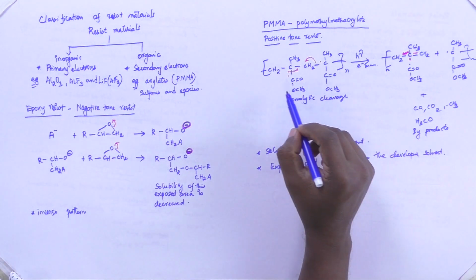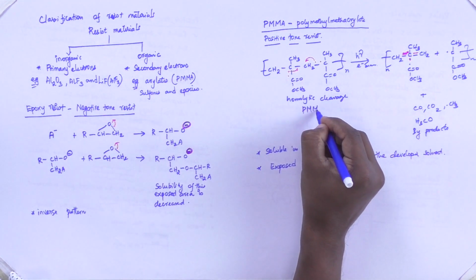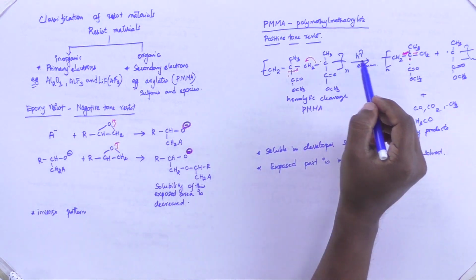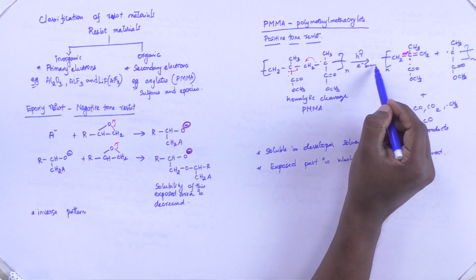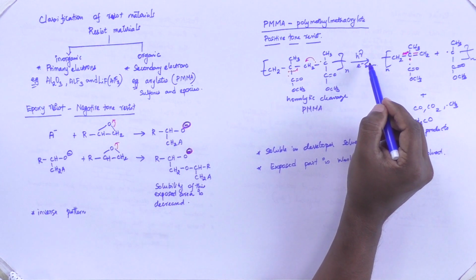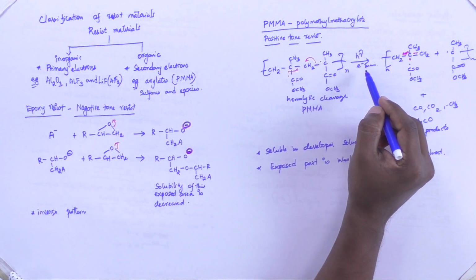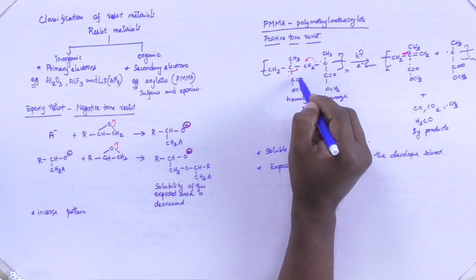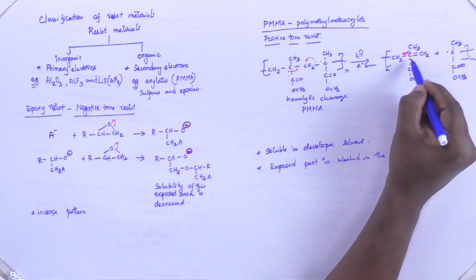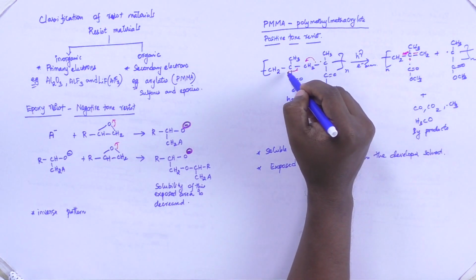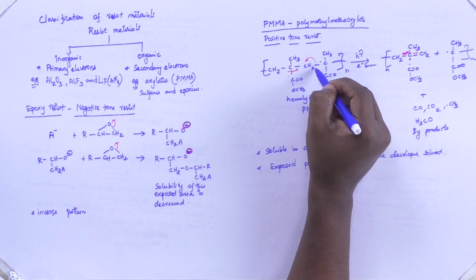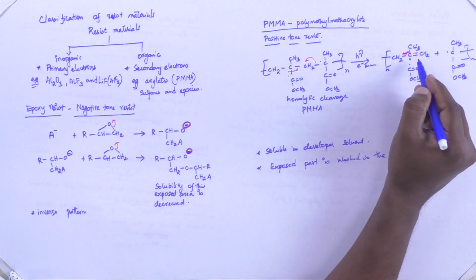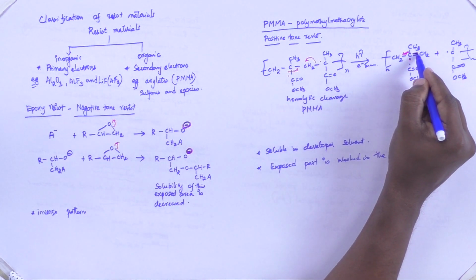So you have PMMA resist. When you pass the electron beam, it produces secondary electrons. This secondary electron makes this homolytic cleavage of the carbon-carbon bond near the carbonyl group. As a result, you will get this radical. This radical combines with the radical of the nearby carbon to produce a double bond.